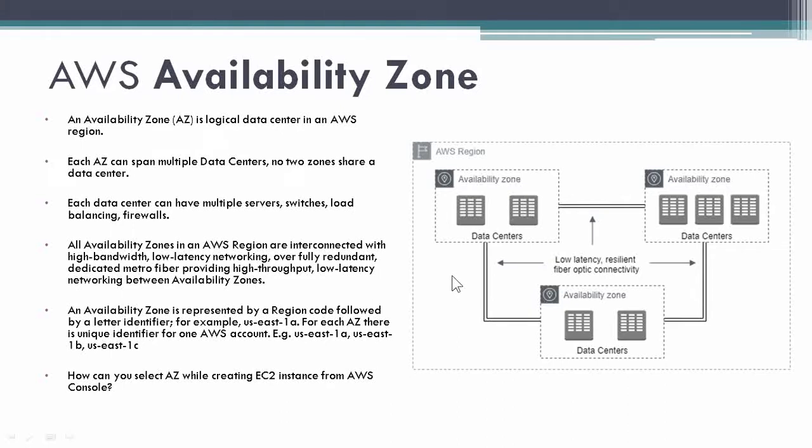Suppose I want to give one example. Suppose you are using Amazon RDS. If you select multi AZ, and suppose you are using a MySQL DB, so in MySQL you selected RDS multi AZ. Your data will be stored across multiple availability zones.